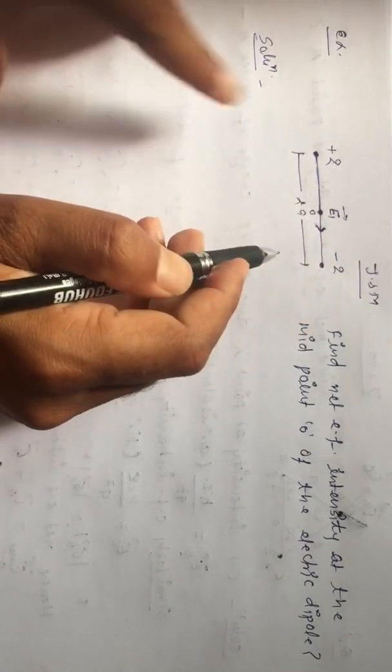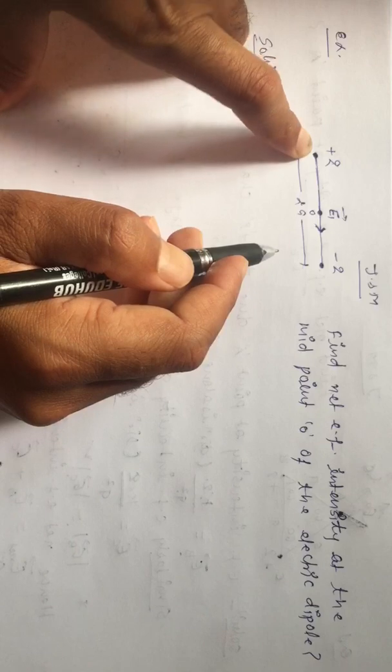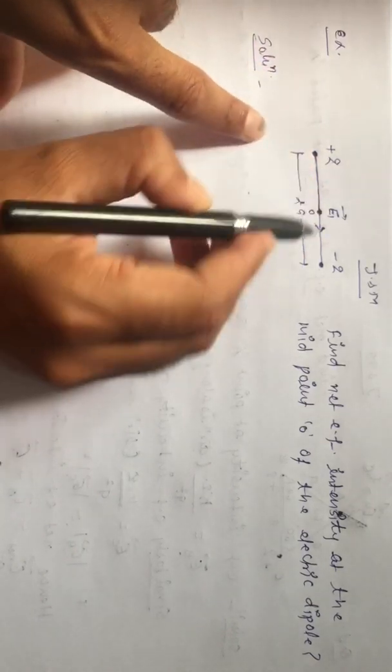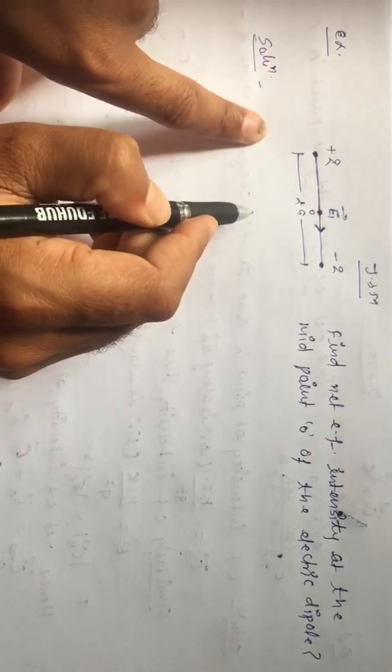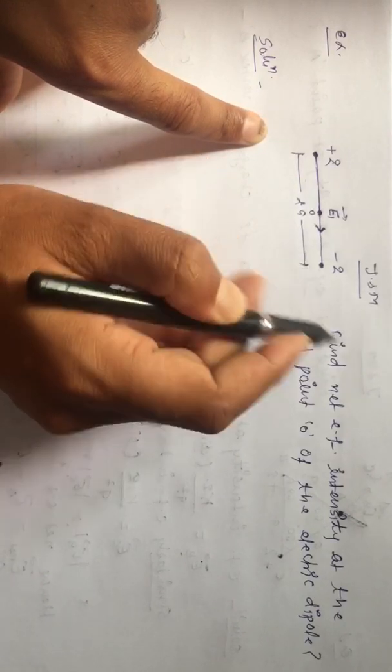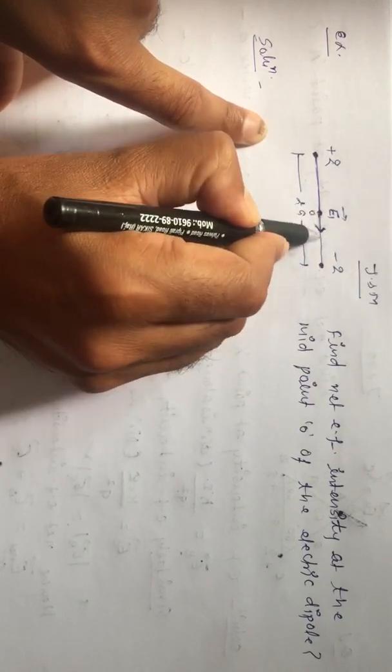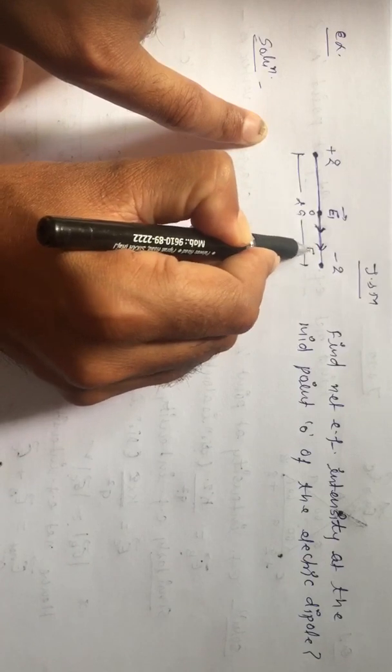Due to minus Q charge, let the intensity be E2, which will be towards the minus Q charge.